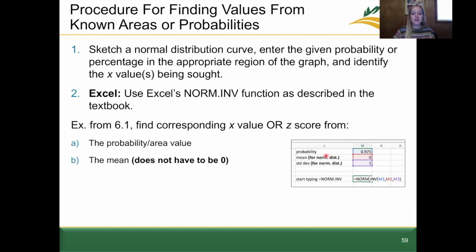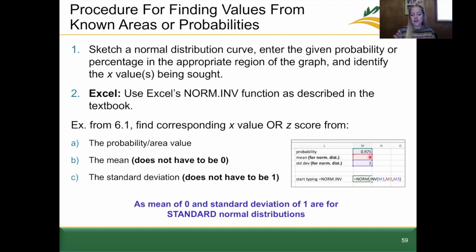For a standard normal distribution, it is 0. We also need the standard deviation value. It also does not have to be 1. For standard normal distributions, the standard deviation value is 1. So we can use this normal inverse function for either standard normal distributions or non-standard normal distributions. The only 3 numbers we need for either case are the probability/area value, the mean, which doesn't have to be 0, and the standard deviation value, which doesn't have to be 1.